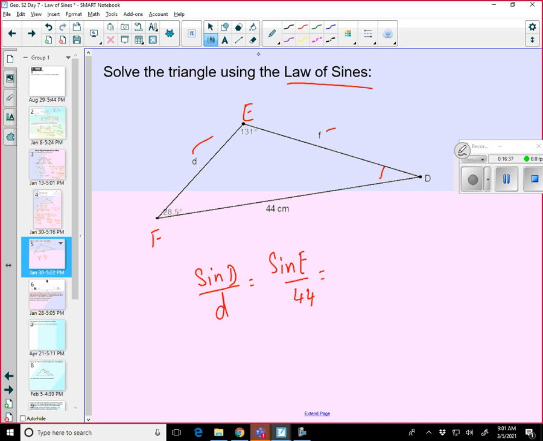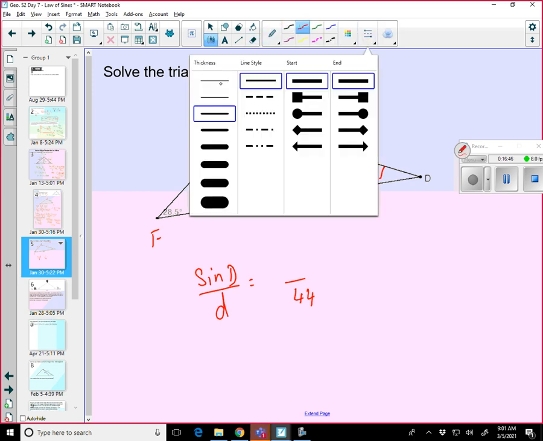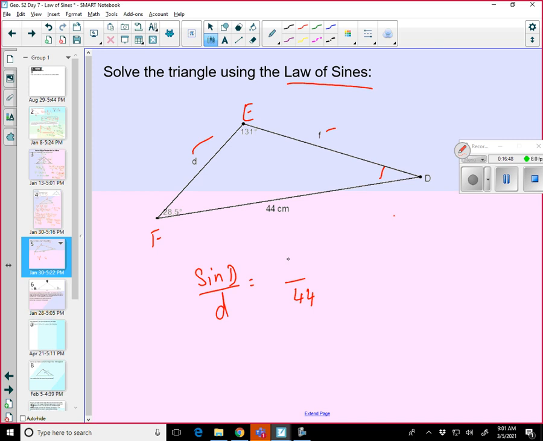Also we have the values, so I'll just substitute. Sine E was 131, so sine of 131 over 44 equals sine capital F, that is sine of 28.5 over f.